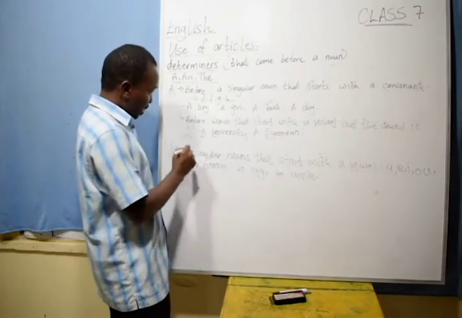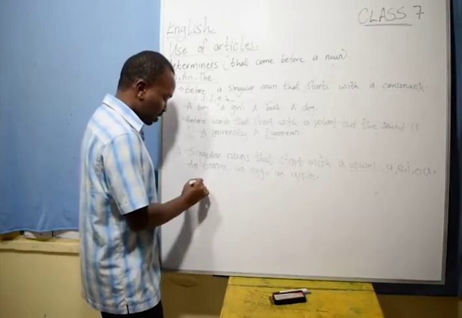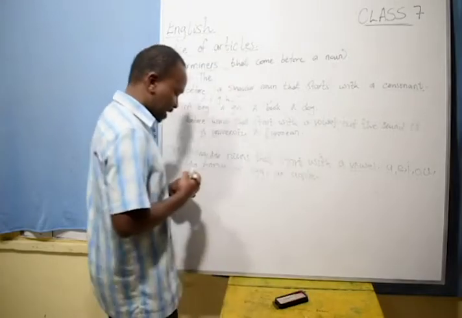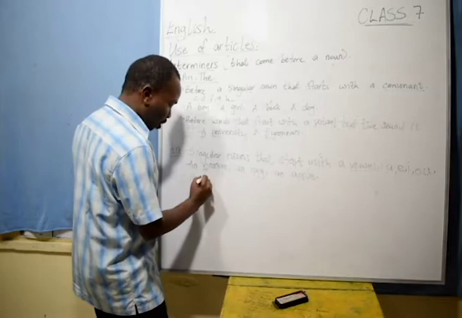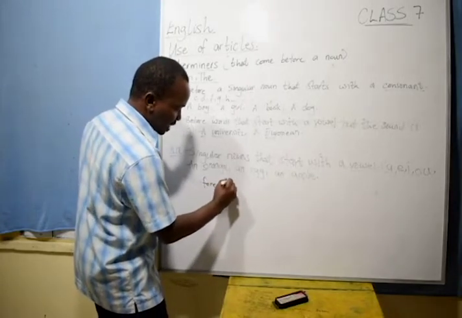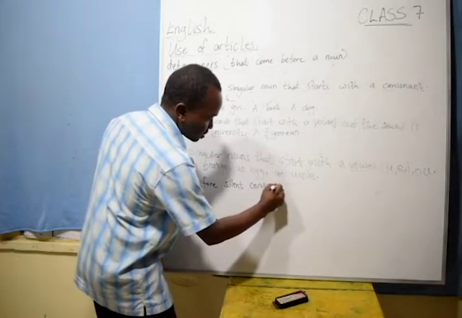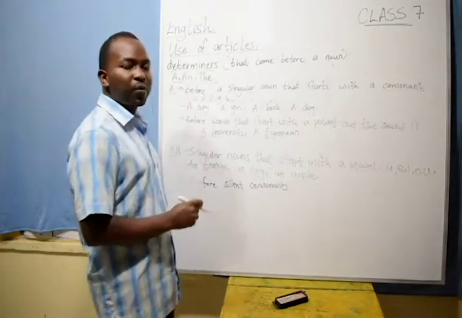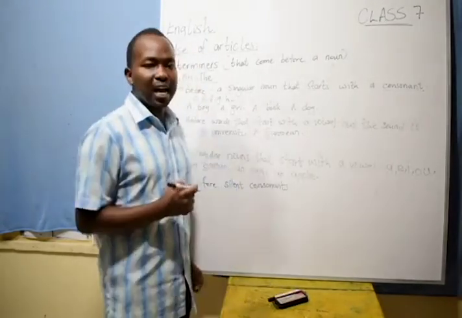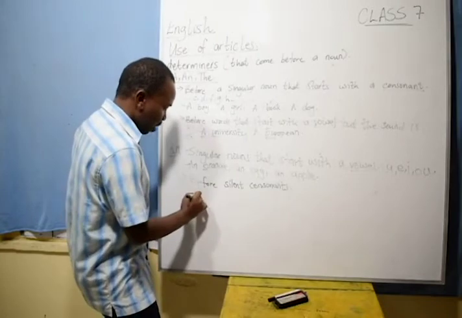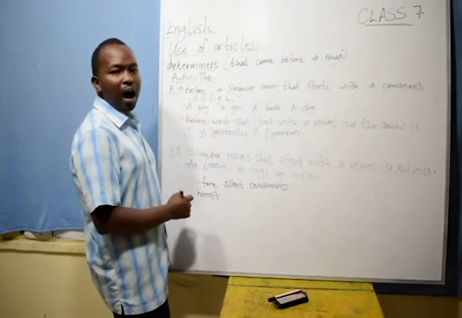Also, another way of using article an is before silent consonants. There are words where, when we are pronouncing them, we do not pronounce the first letter. For example, the word honest. You're not going to say a honest.